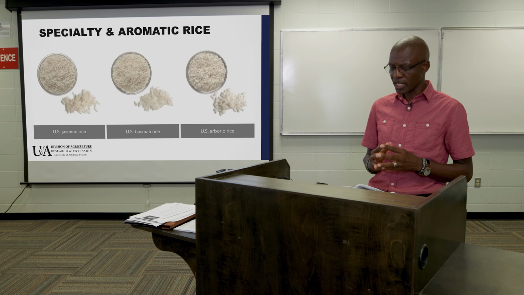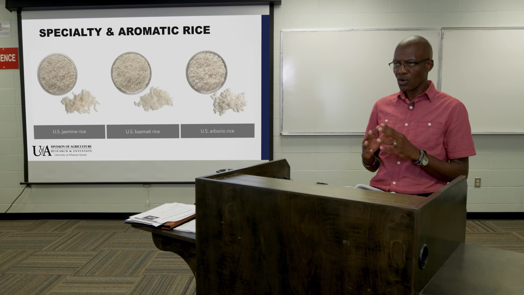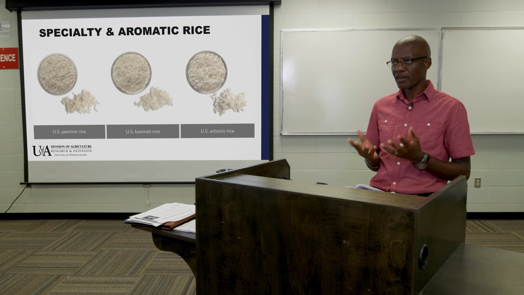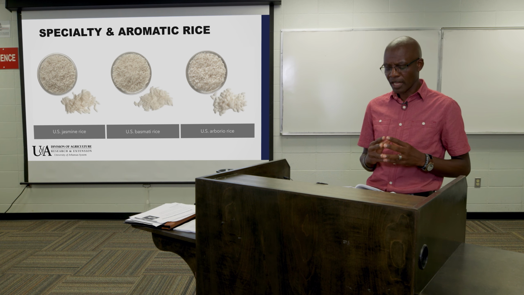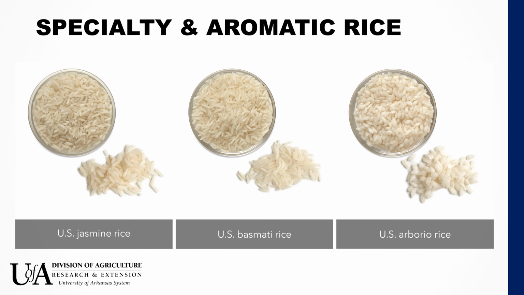Next, I want to describe the US basmati, which is an aromatic long-grain rice with its own distinct aroma and flavor. It has a 3:1 to 4:1 length-to-width ratio, and while cooking, the grains become longer and they don't get wider.